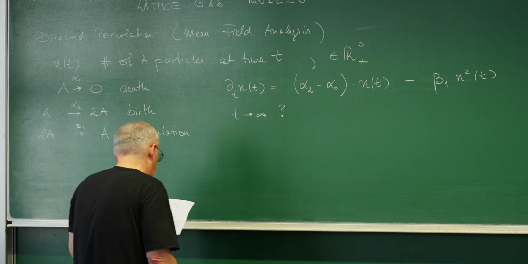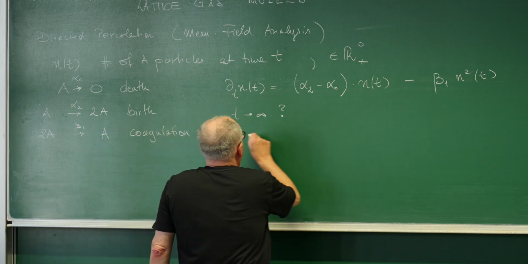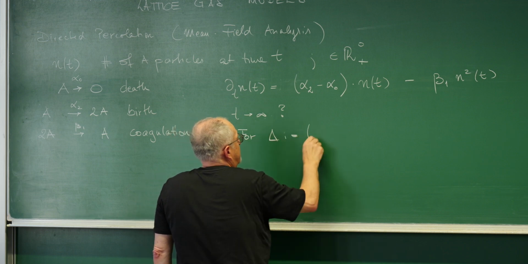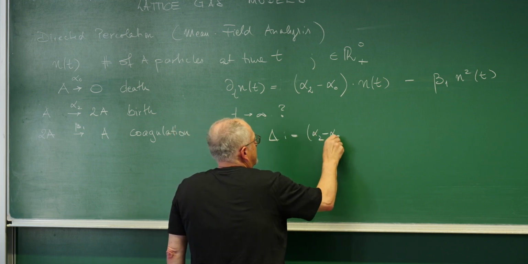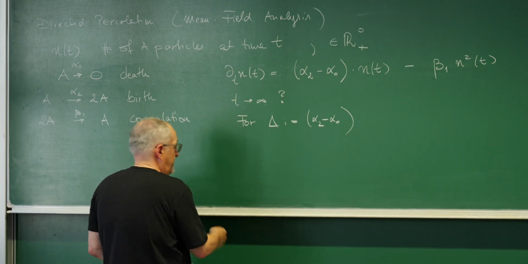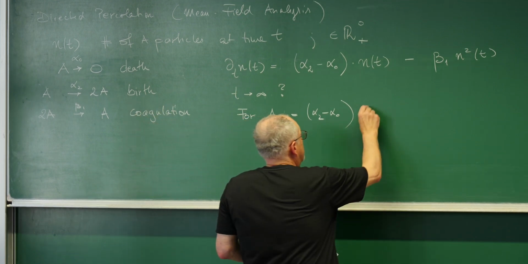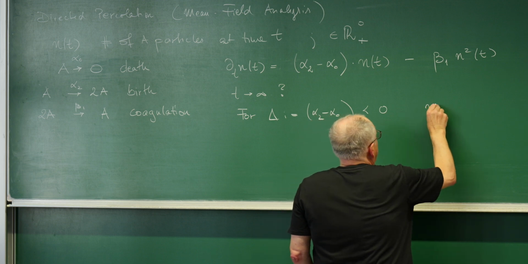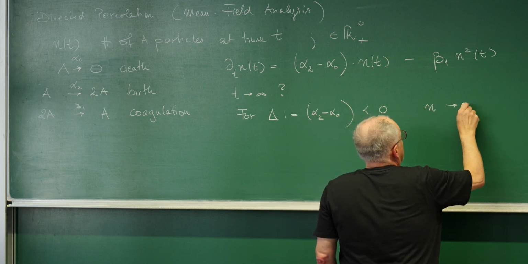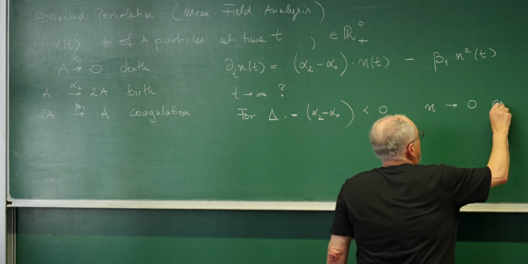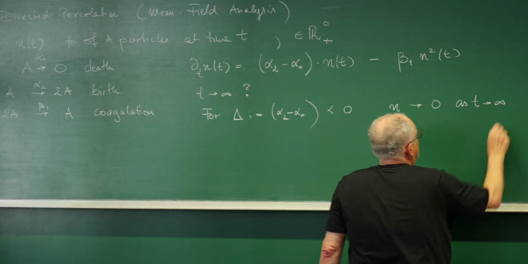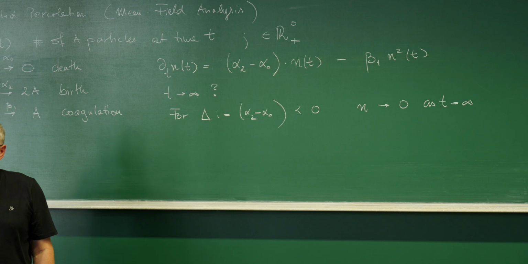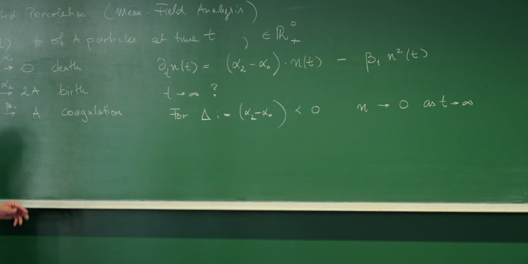So that means for delta, defined as the difference between the birth and the death rate being negative, we do have n going to 0 as t goes to infinity, and that we call an absorbing state because there's no way to get out of that state, right?